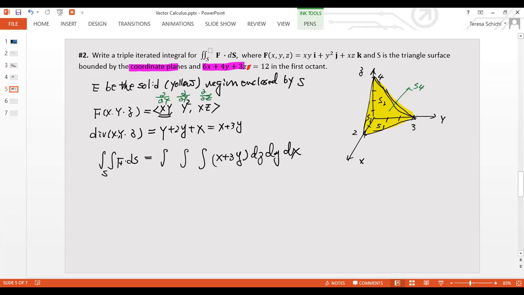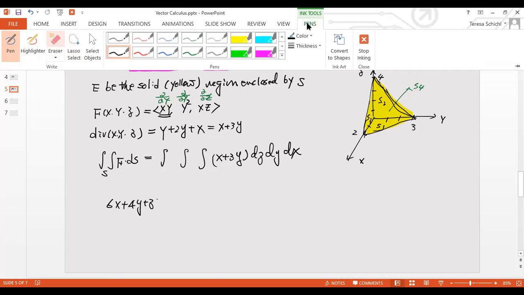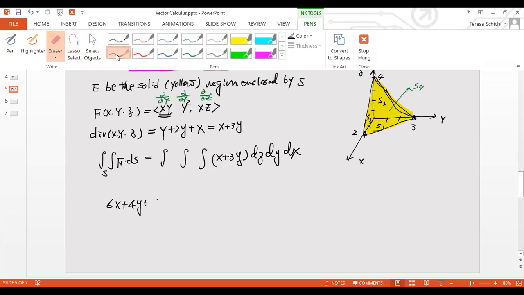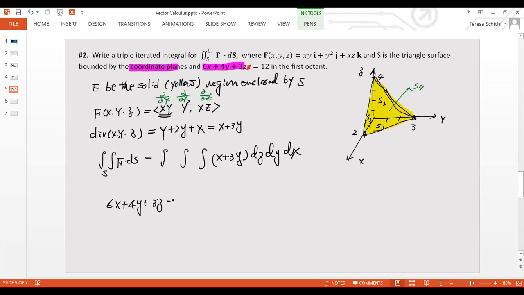We did this a lot because we know that this surface here is 6x plus 4y plus 3z equal to 12.